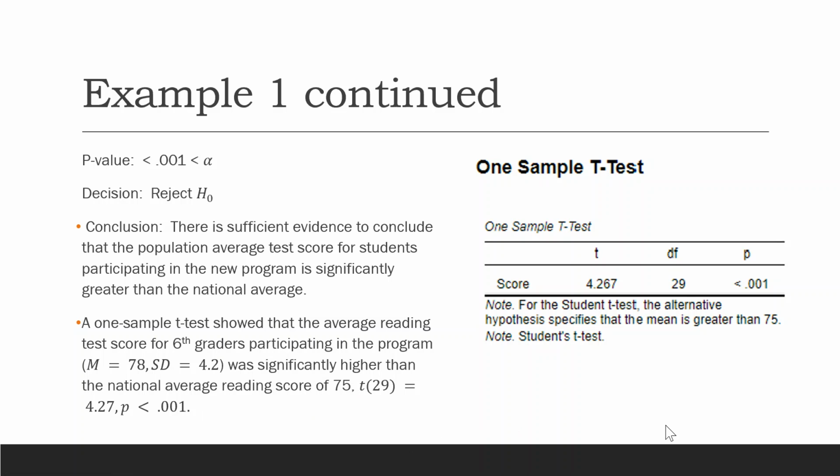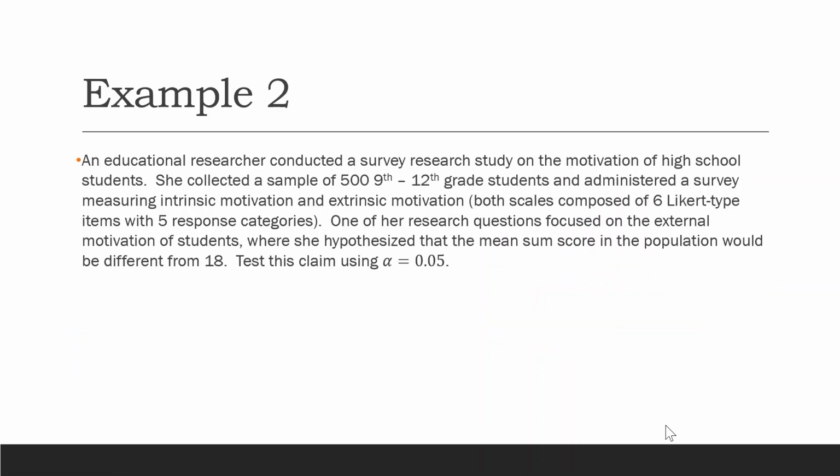All right, let's look at one additional example. It says an educational researcher conducted a survey research study on the motivation of high school students. She collected a sample of 500 ninth through 12th grade students and administered a survey measuring intrinsic and extrinsic motivation.